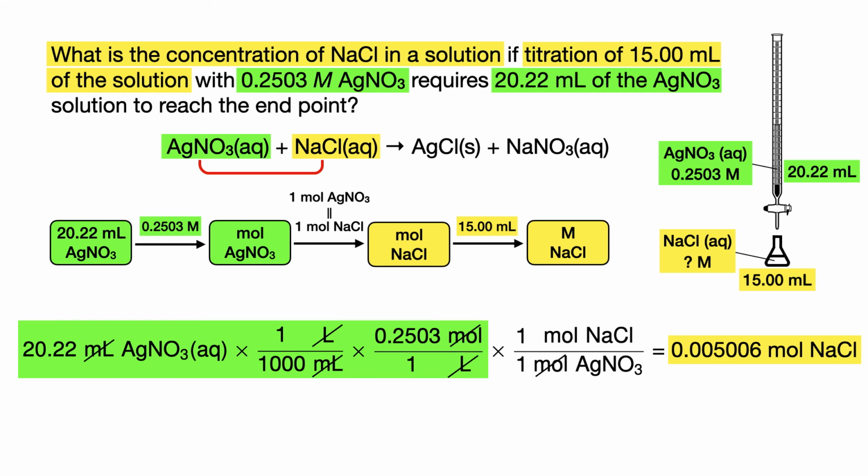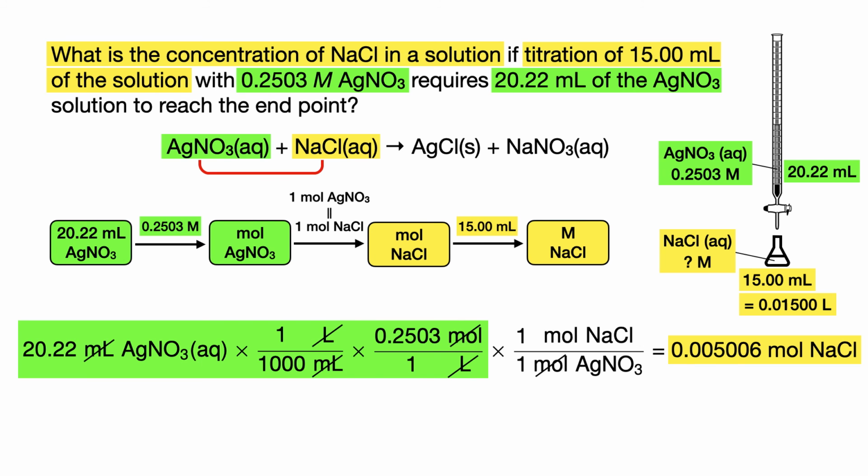One thing you want to be careful of, we're trying to find the concentration of the sodium chloride in that original solution that we were testing. And so when we divide by the volume, we're dividing by the original volume of that sodium chloride, which was 15 milliliters, or 0.01500 liters.